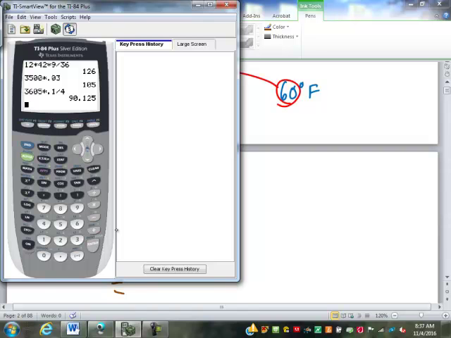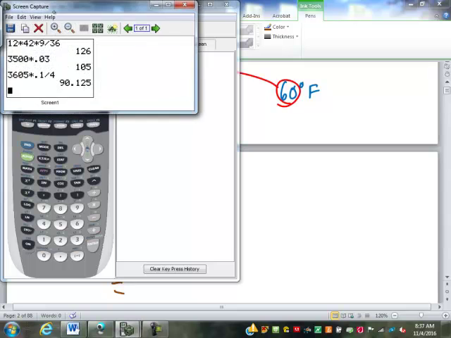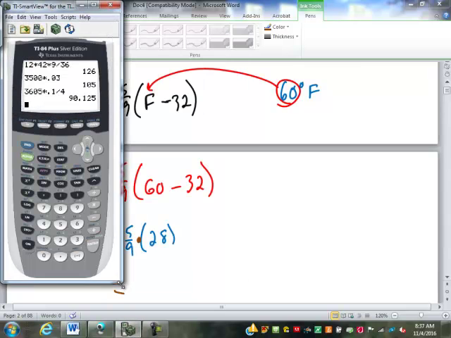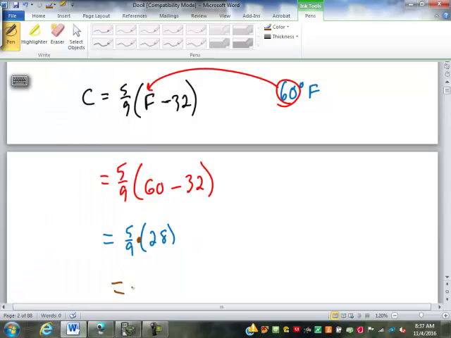I'm just going to do it as 5 divided by 9 times 28. So it's 15.56 degrees. It's degrees Celsius.